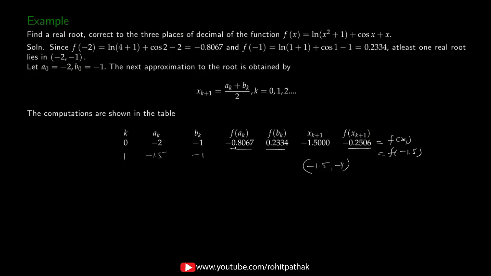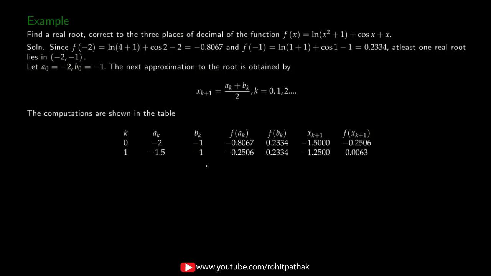And repeat the same procedure. Write down the values of f(ak), that means f(-1.5), f(bk), that means f(-1), and x2. Now x2 will be the average of these two, (-1.5 - 1)/2. So that will be here, and then the value of the function at x2. So these are the entries.